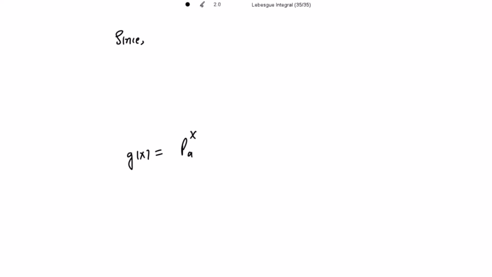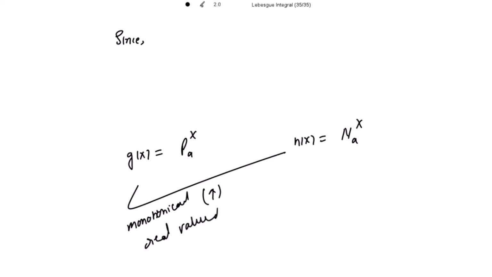How are these real valued? What is g(x)? It is P from a to x. What is h(x)? It is N from a to x. We have just written that these are monotonically increasing. Now how are these real valued? Because these are equal to the positive variation and negative variation, if I show that these are finite, then we can say that these are real valued also. For real valued functions, the values should be finite.